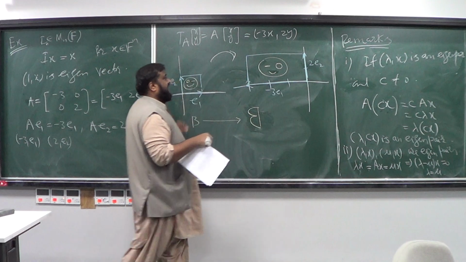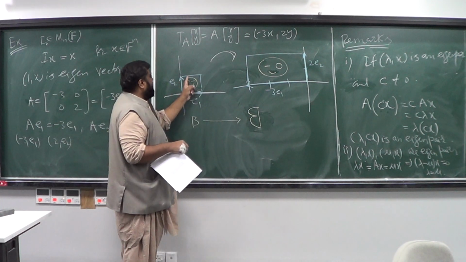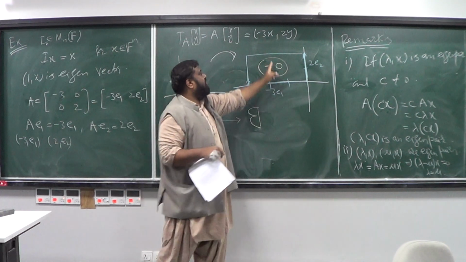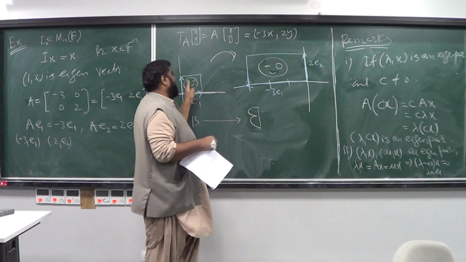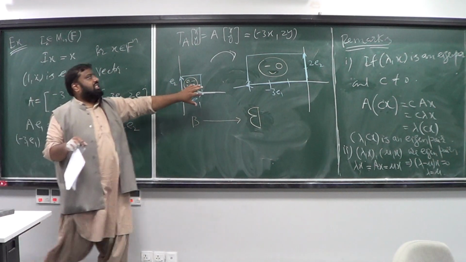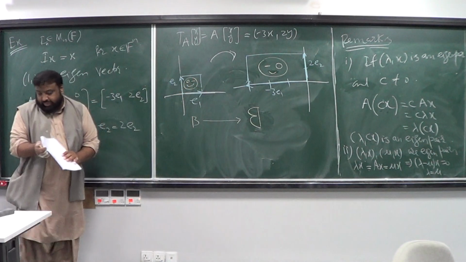And vertically, the diameter of this is double the diameter of this circle. So this is a transformation that produces this picture.